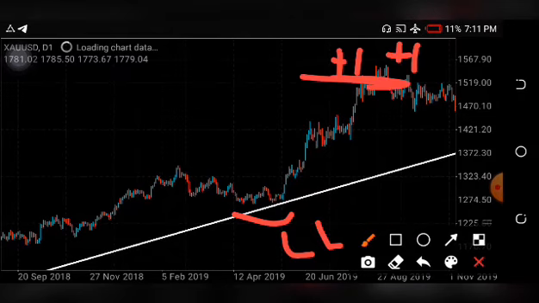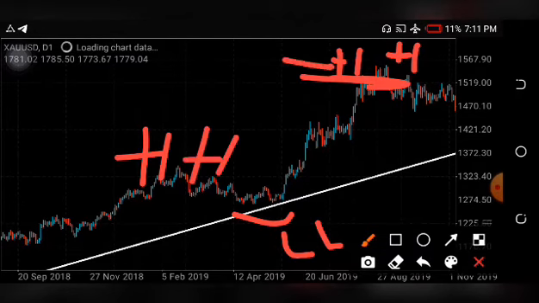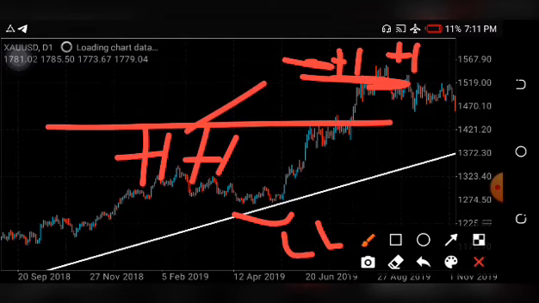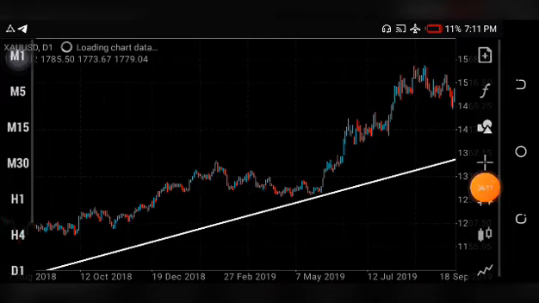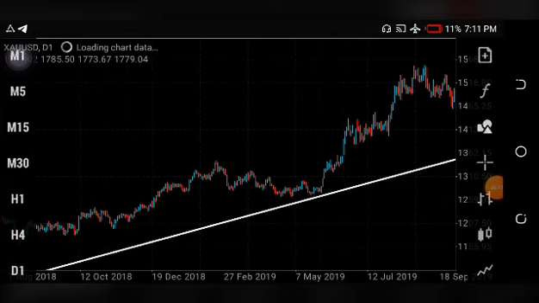Because we have another higher high. So this high is actually higher than this high. So it's a higher high. You see? So that's it, higher high. And by lower low, we mean it's lower than this low.